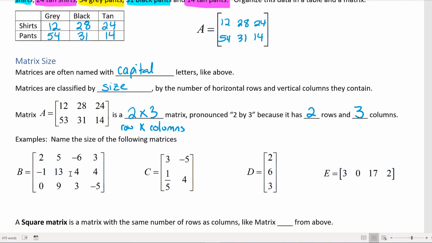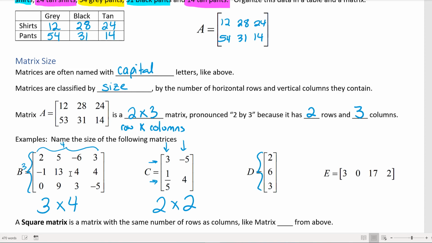Okay. Here's some more examples. Name the size of the following matrices. So for matrix B, I have 3 rows. So we have 3 by 1, 2, 3, 4 columns. So this is a 3 by 4 matrix. Matrix C has 2 rows, so that's 2 by, and it has 2 columns, so that's 2 by 2.